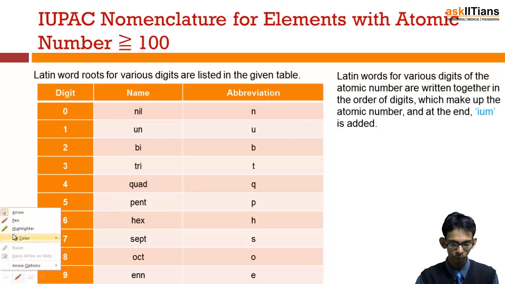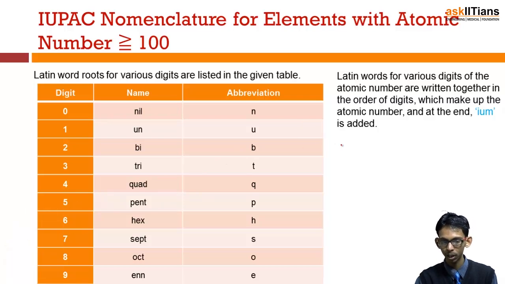Let's say we have an element with atomic number 105, and we need to write its name. For the first digit, we have un, so we start the name with un. Then 0 is nil, and 5 stands for pent.